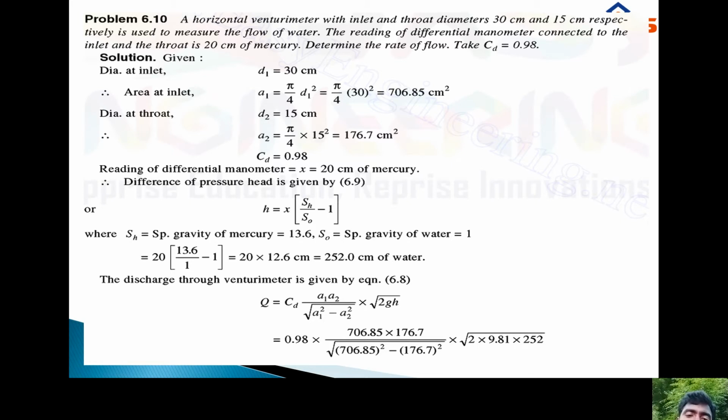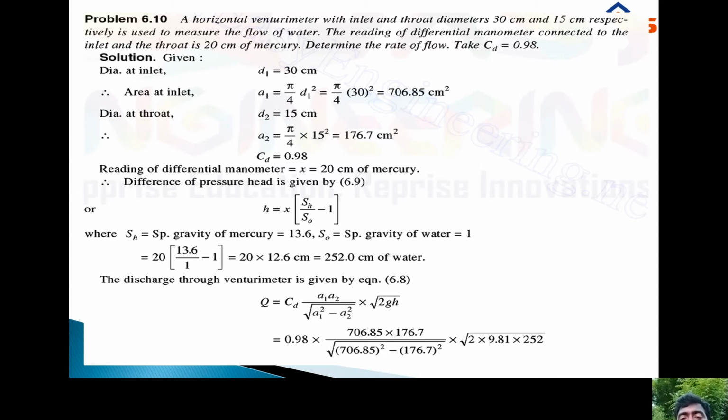The discharge through the Venturi meter is given by the equation Q equal to CD into A1 A2 divided by root of A1 square minus A2 square, into root of 2GH. CD value is already given in the problem, 0.98.